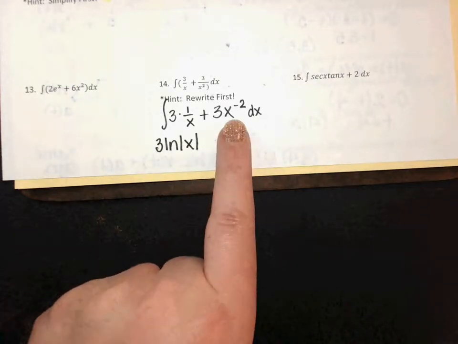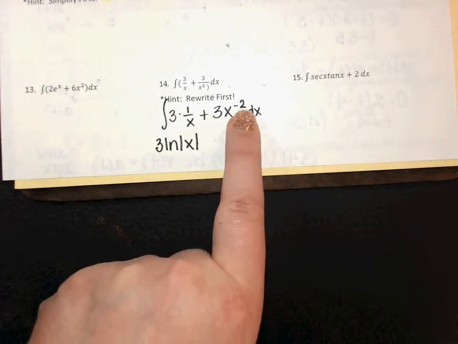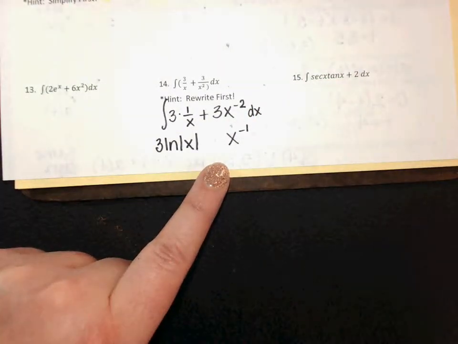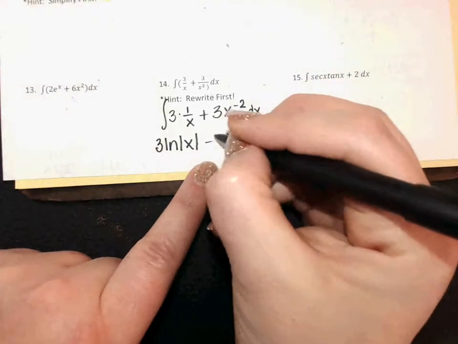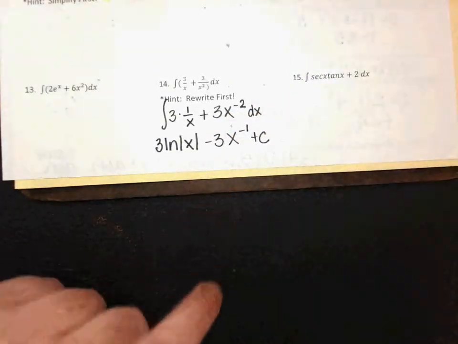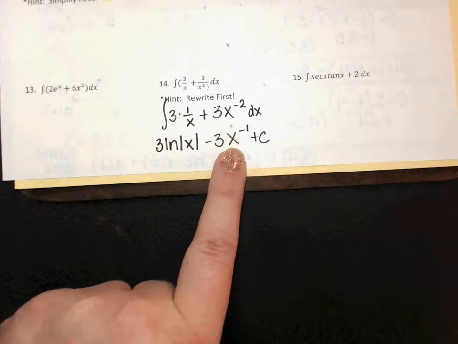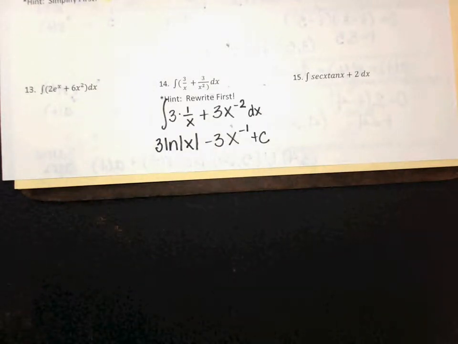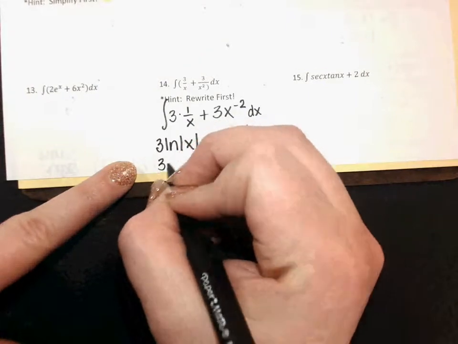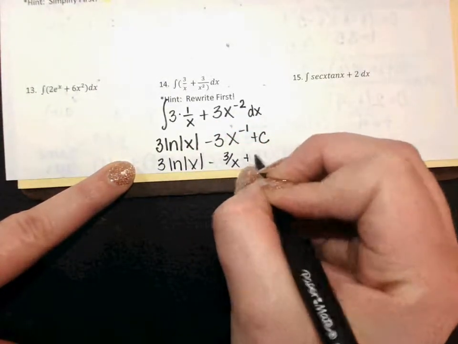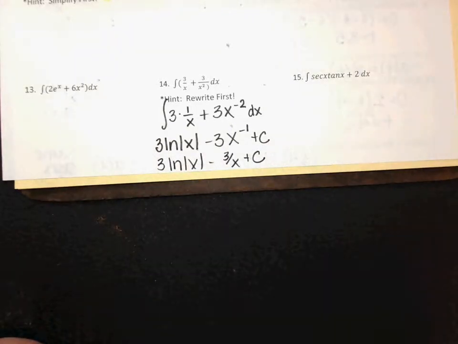Second term, add 1, what's the power? Negative 1. Then I have to divide by negative 1, so it's a minus 3. Now, could I rewrite this as 3 over x? Yes, you probably should. That's how they'd put it on the AP test. So that'd be 3 ln x minus 3 over x plus c. That would be your perfect answer.